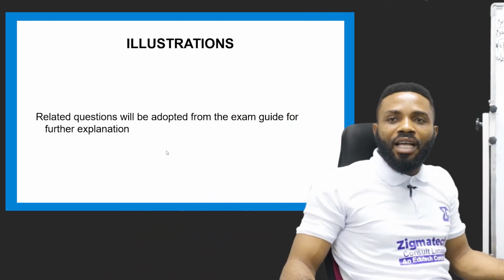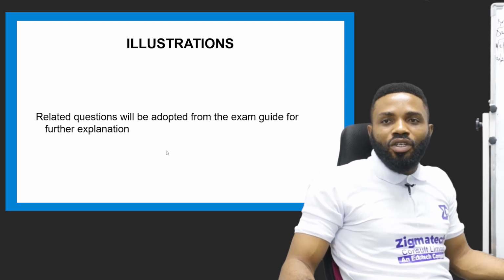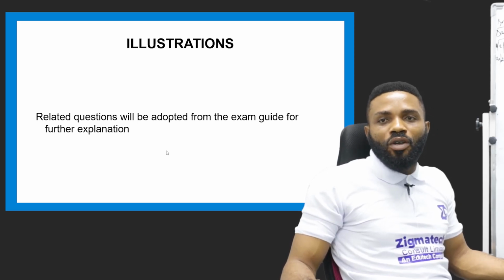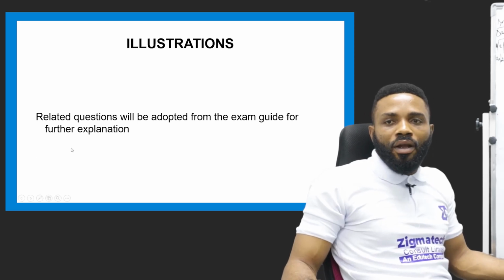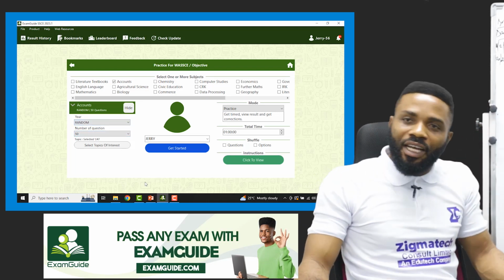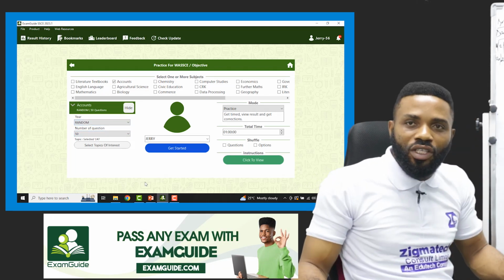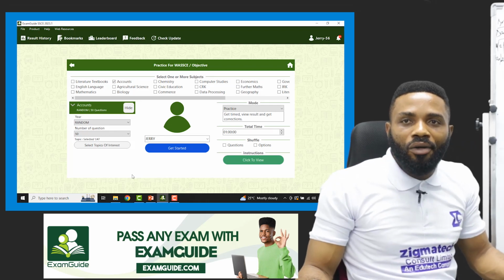Okay, so let's quickly go to our exam guide to get some more questions that will help us understand this. Now, if you look at this, by the time you click on the exam guide, you see options. Our area of interest is accounting.